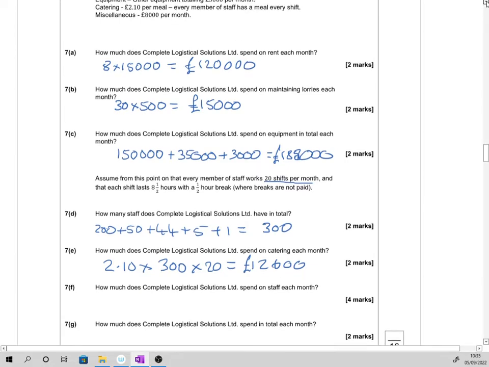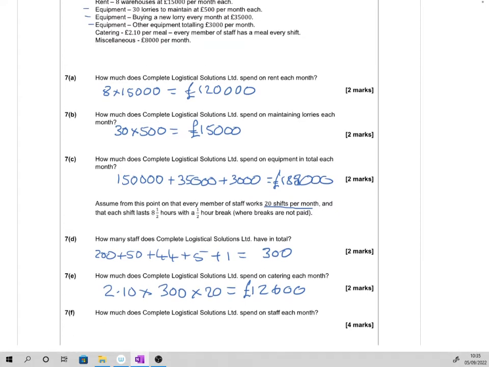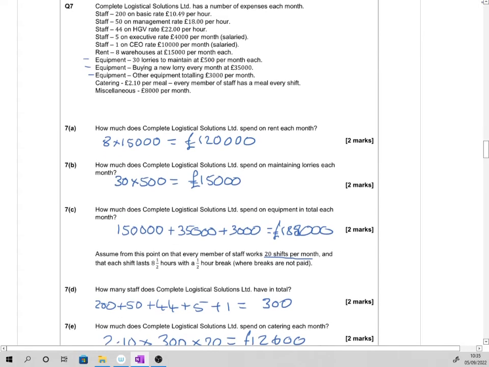How much does Complete Logistics spend on staff each month? Their wages. Let's go back. 200 on basic rate. Oh, each shift is 8 hours.